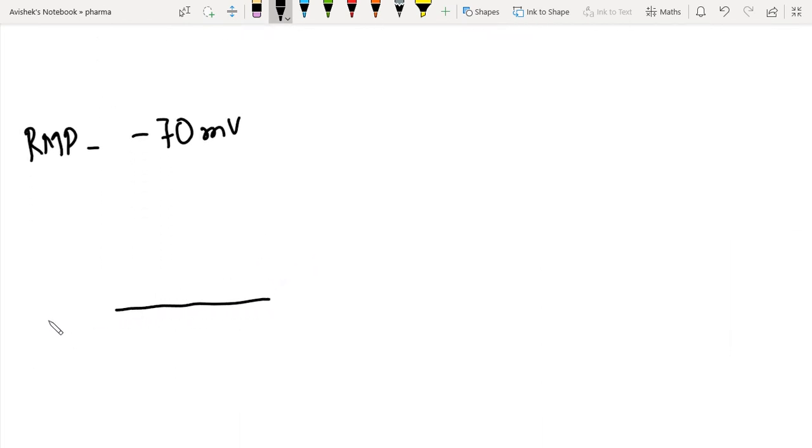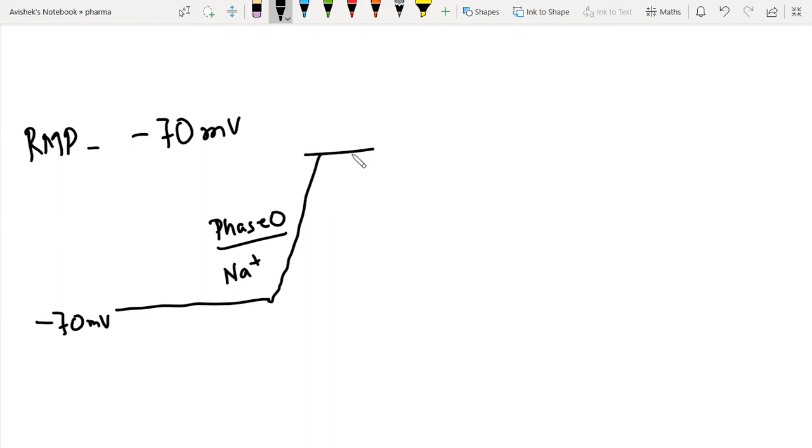During phase 1 the impulse gives rise in phase 0. Sodium channel or sodium does depolarization. After depolarization, when it reaches maximum depolarized state, now it will do repolarization.